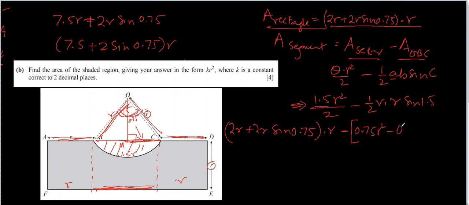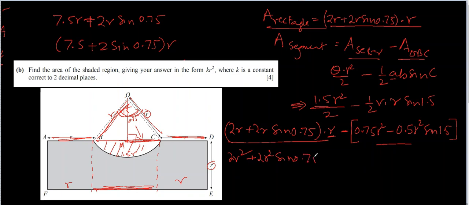Minus half will be 0.5 r square sine 1.5. Okay. So now I will expand this and expand this bracket as well, both of them. So 2r will be multiplied with r. There is an r outside, so done. 2r square sine 0.75 minus 0.75 r square plus 0.5 r square sine 1.5.